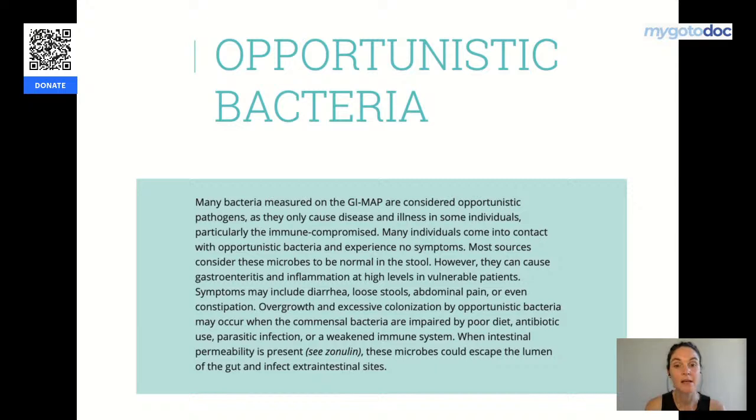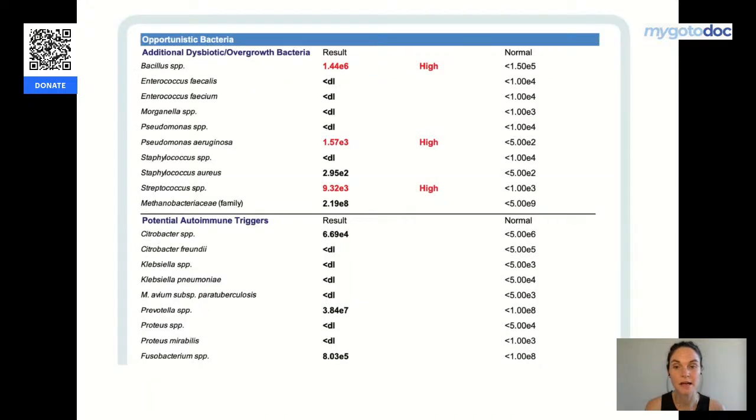However, some high levels can cause inflammation, things like diarrhea, loose stools, abdominal pain, constipation. And there are many reasons why we would have dysbiosis, and it relates to everything that we talked about in the first microbiome talk, which of course relates to diet and stress optimization, pharmaceutical drugs, all of the things that disrupt the microbiome.